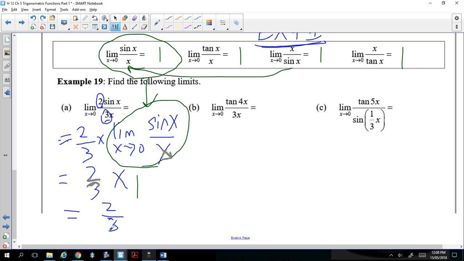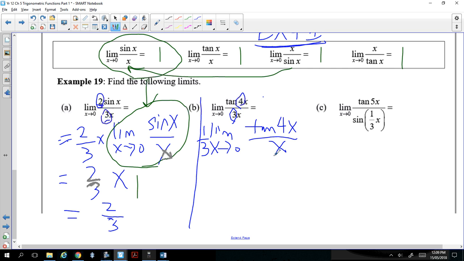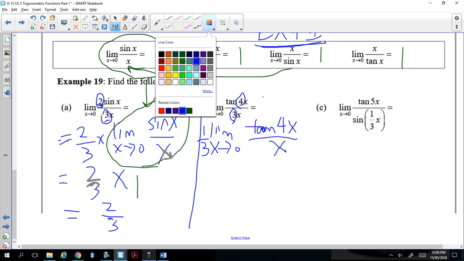How about the next one? Now you cannot take this 4 out. This 2 you can take out, but the 4 cannot be taken out. So you take the 3 out first. You get limit as x approaches 0. You take the 1/3 out, and you write tan 4x over x. That's your first step. If you can't take the 4 out, you just have to put a 4 in the denominator. So these two have to match.